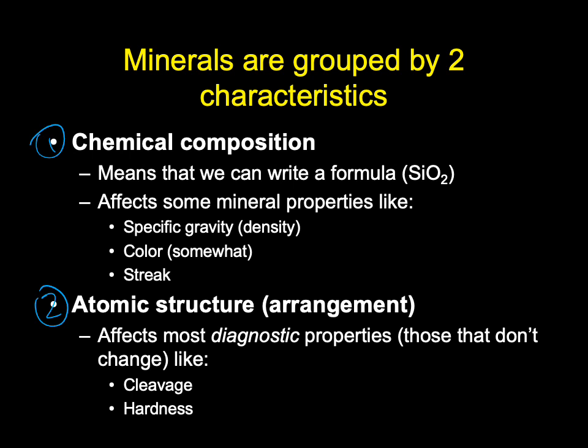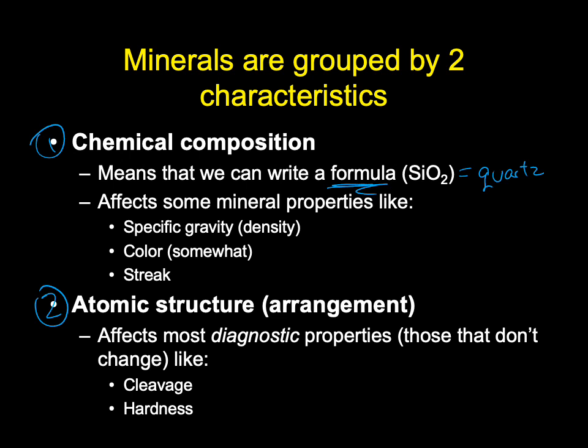It's literally what are the elements that make up that mineral. So it means that we can write out a formula, right, for our minerals. For example, Si, that's silicon, and then O2, that's oxygen. That's the mineral that we call quartz.